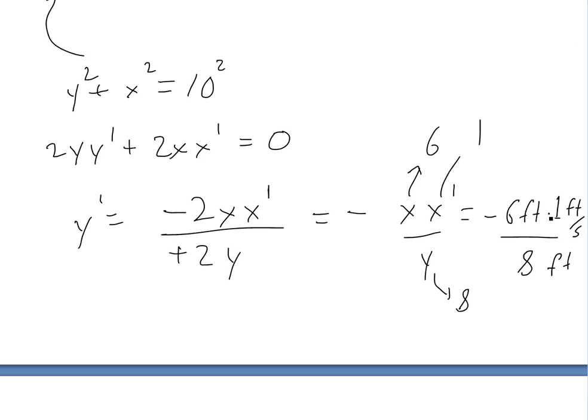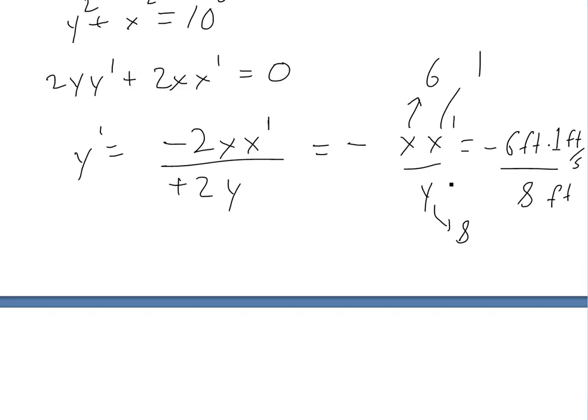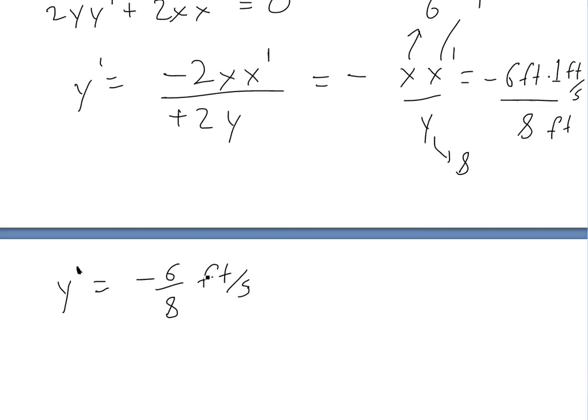The feet cancel, and we're left with the units feet per second. So y prime is negative 6 over 8, which simplifies to negative 3 over 4.